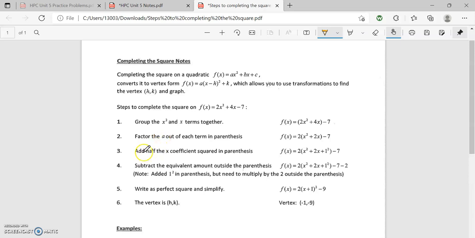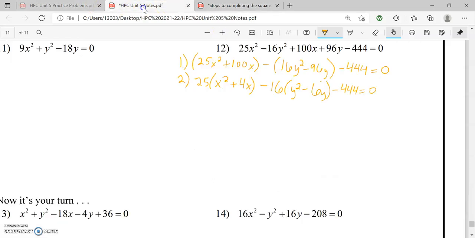Step 3 asks us to add half of the x coefficient squared, or again, we'll do the y coefficient squared. Add that inside the parentheses. So step 3 looks like this. Step 3 says we repeat 25 quantity x squared plus 4x.